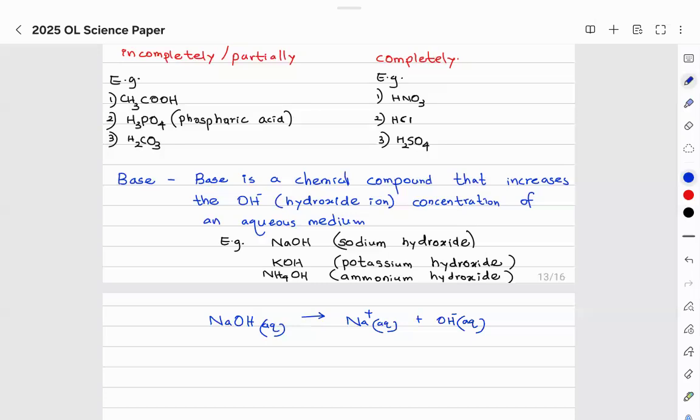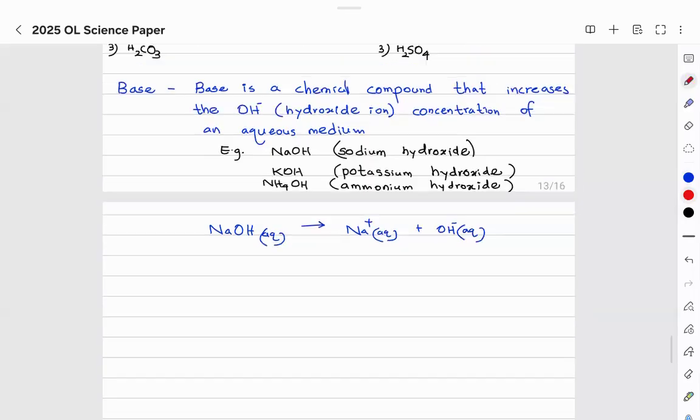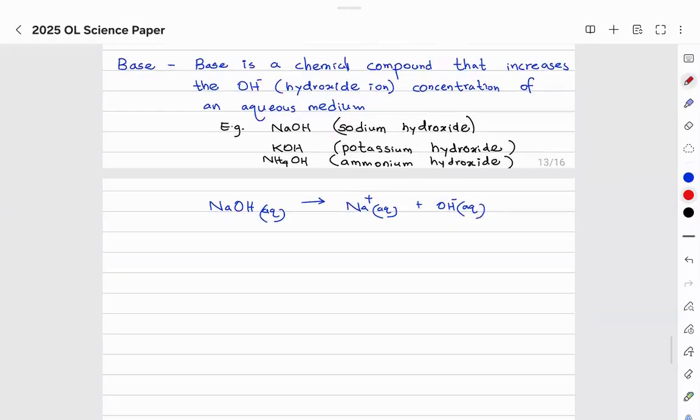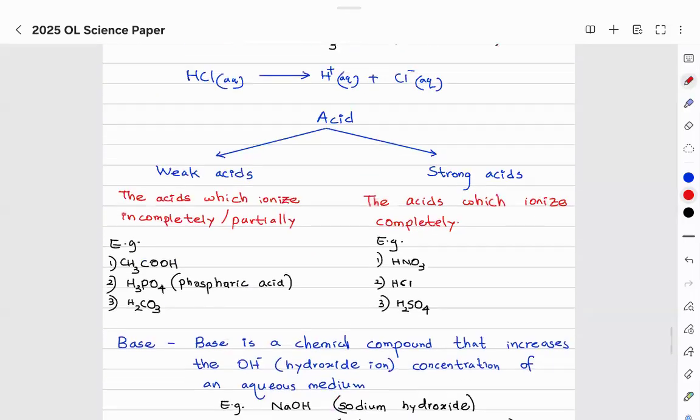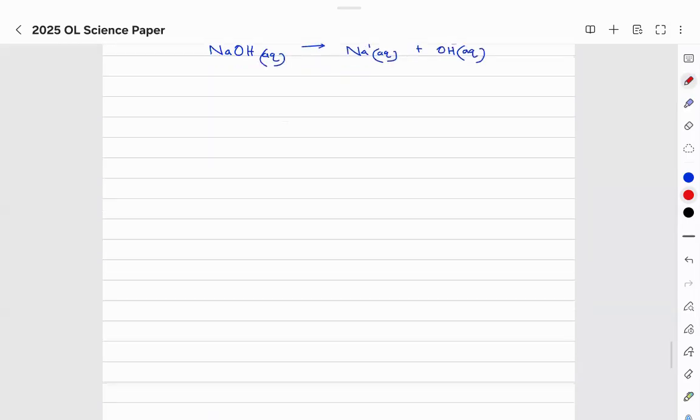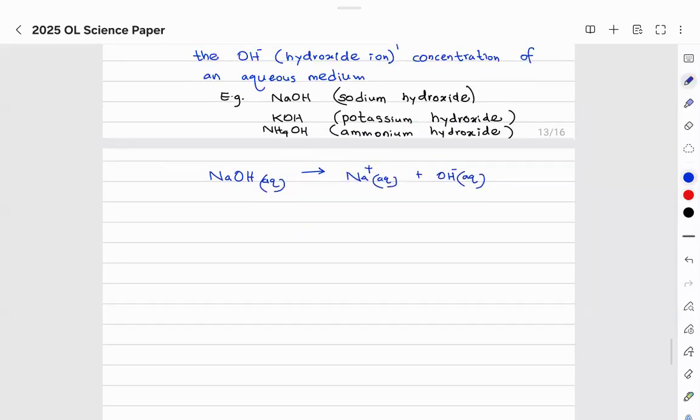Likewise, in the acid classification, we learned acids are two types, weak acids and strong acids. Here also you have to remember them, students. In the textbook also they have given these things, so definitely you have to remember the names and formulas. As before, bases can also be classified into two: weak bases and strong bases.